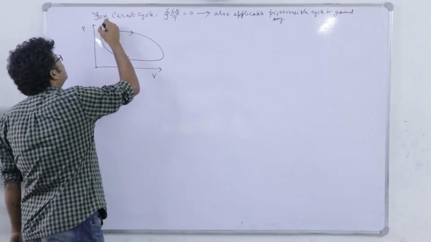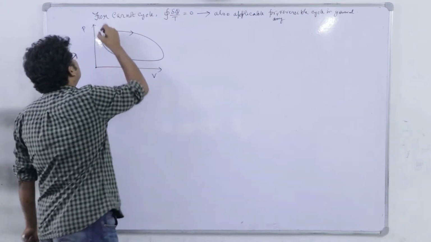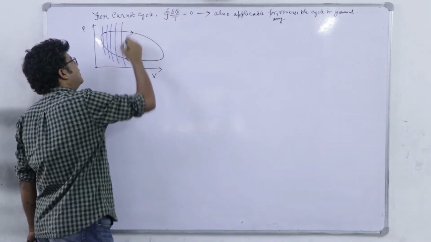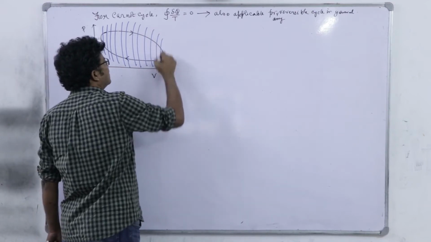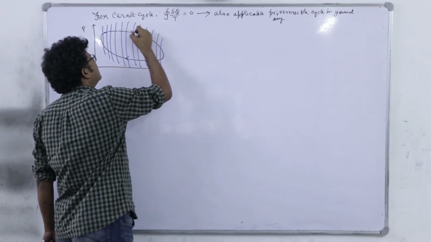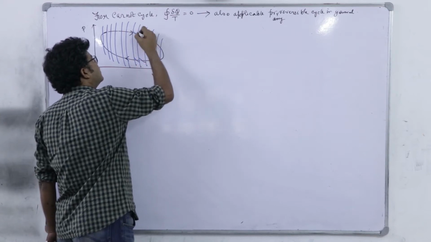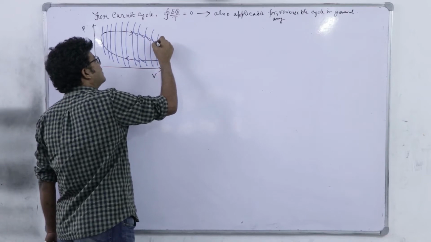Like if I just draw parallel adiabatic lines, and we join them by isothermal lines.